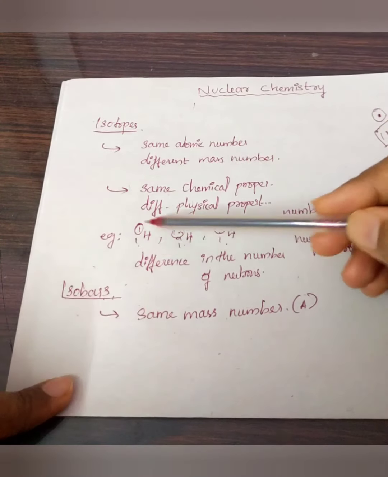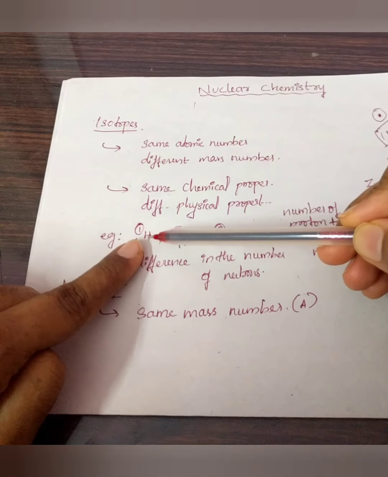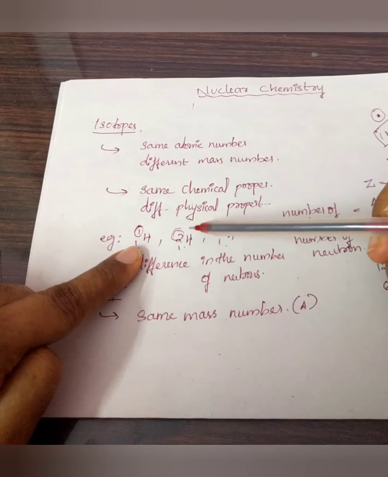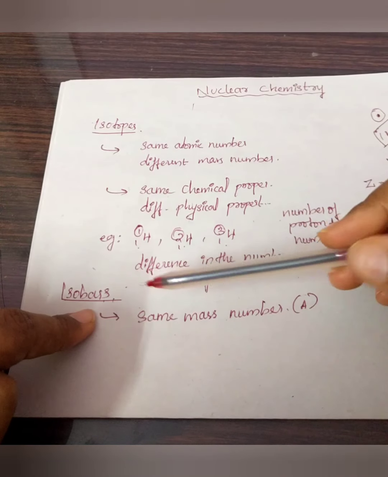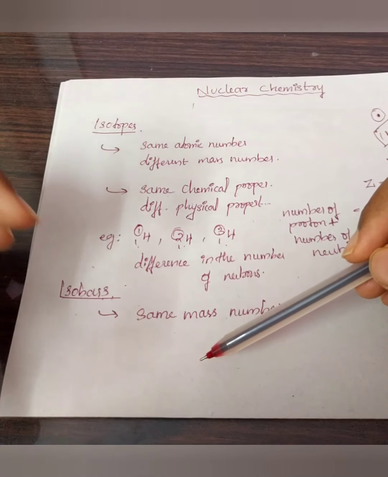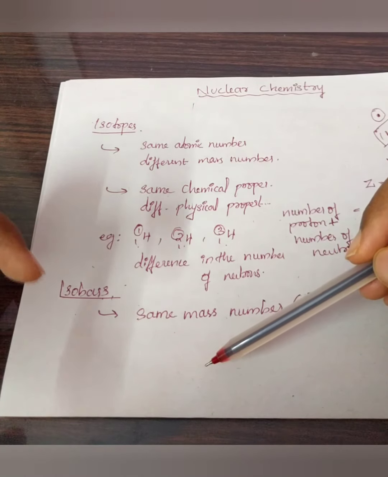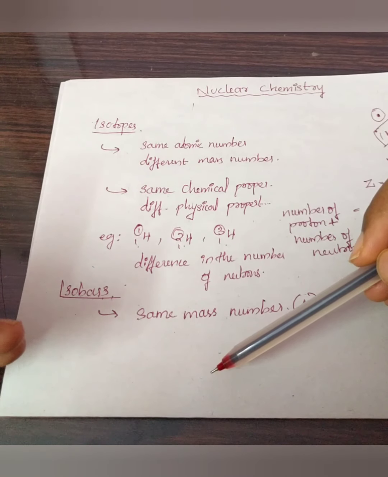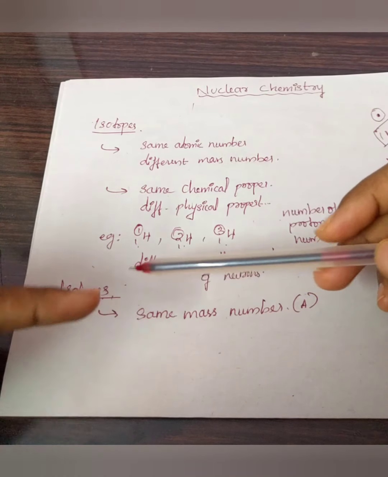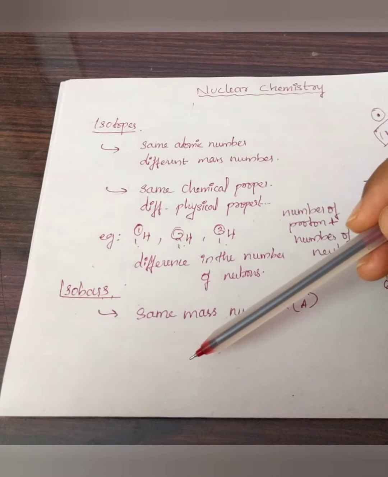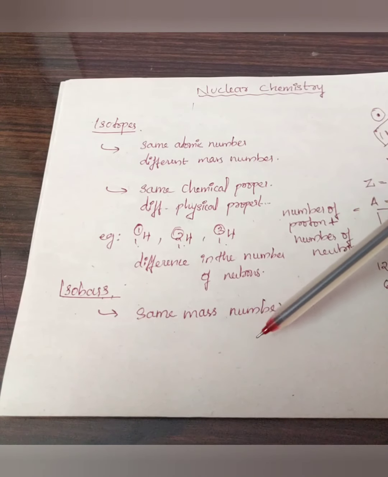In isotope, top means what we are writing on the top is different. Bar means something on the down section will be the same. So isobar means what is on the bottom side will be different.